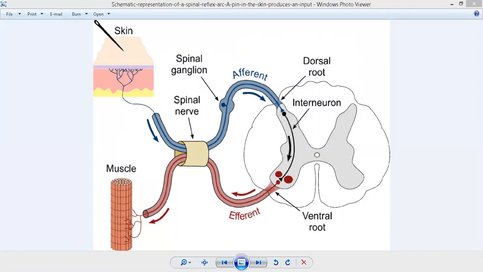So there are 12 pairs of cranial nerves, which means there will be 12 nerves on the left side and 12 nerves on the right side. So overall there will be 24 cranial nerves, but we write it as 12 pairs.